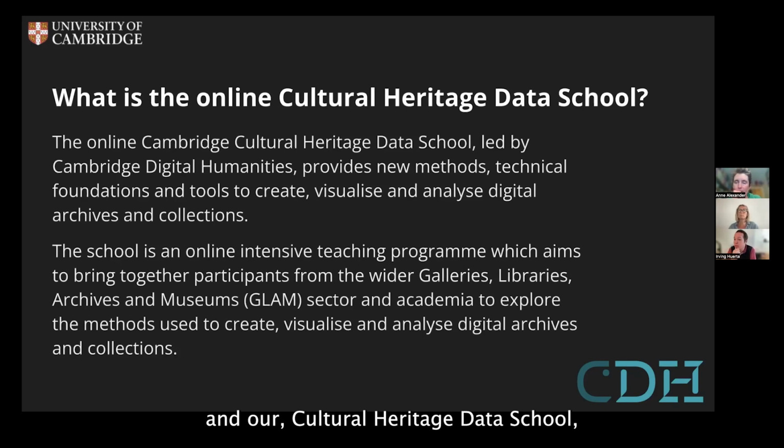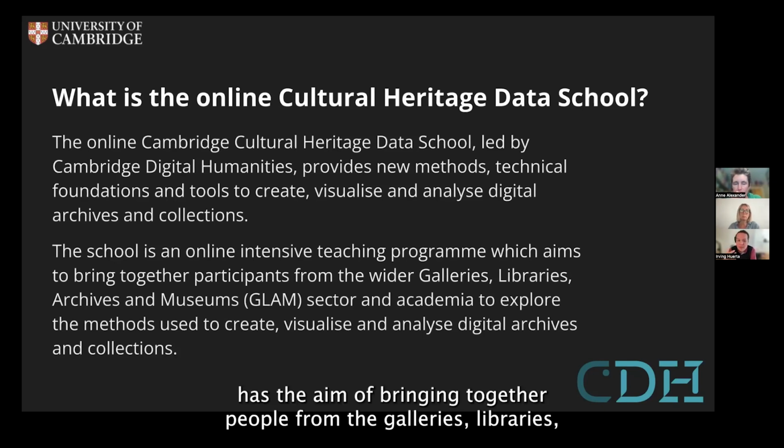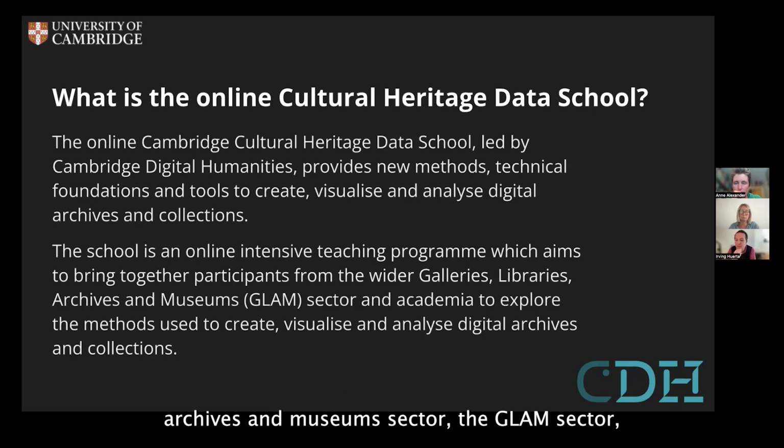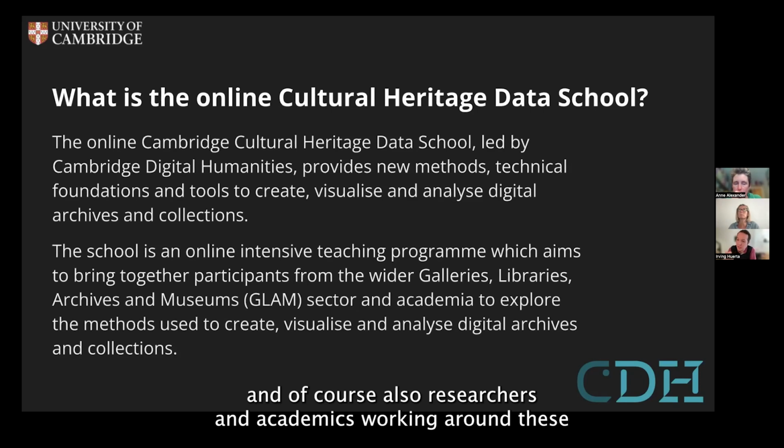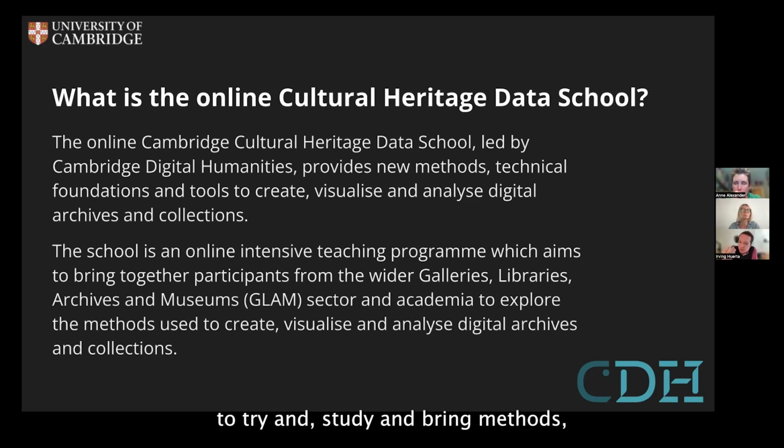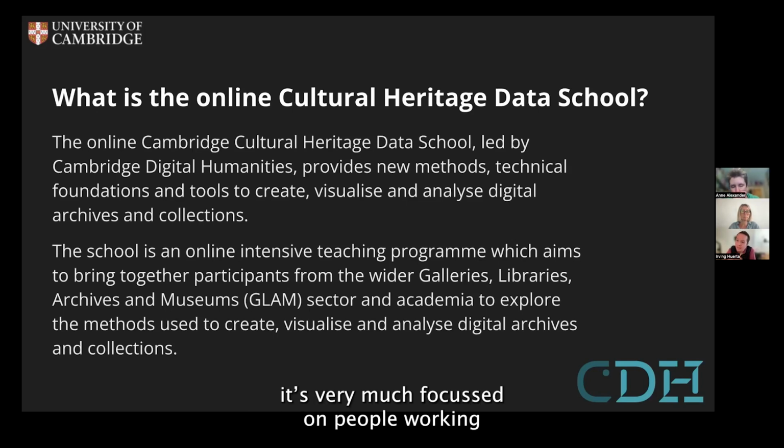Our Cultural Heritage Data School has the aim of bringing together people from the galleries, libraries, archives, and museum sector, the GLAM sector, and of course also researchers and academics working around these subjects to try and study and bring methods and information and tools to create, visualize, and analyze digital archives and collections. It's very much focused then on people working in museums and galleries and libraries, etc.